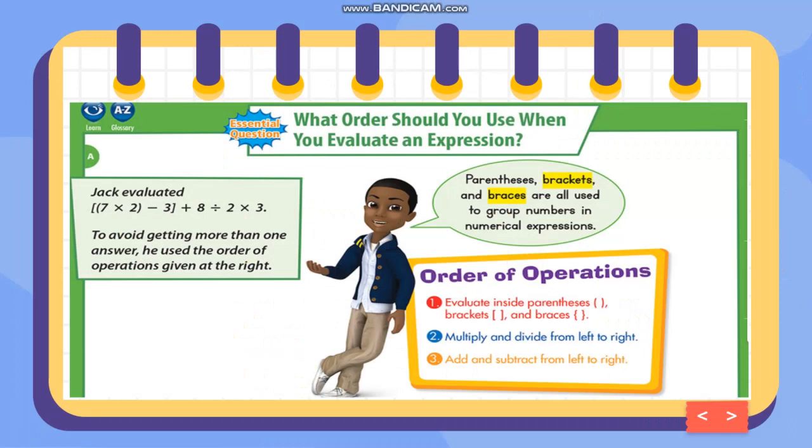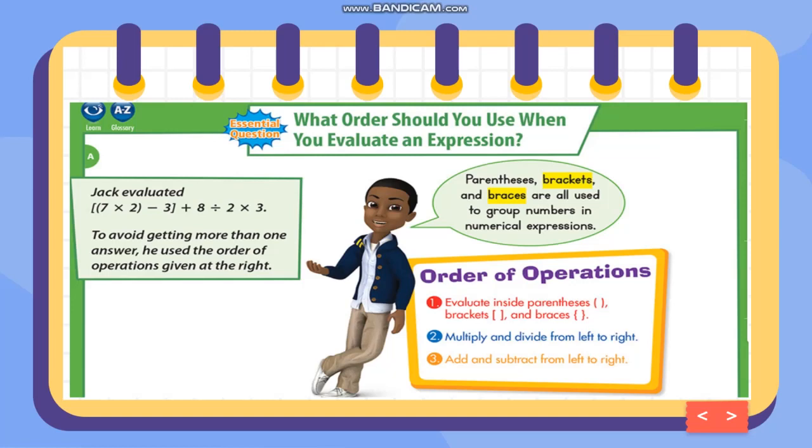Now, what order should you use when you evaluate an expression? Always remember that parentheses, brackets, and braces are all used to group numbers in numerical expressions. The order of operations that we need to follow is to evaluate inside the parentheses first, or brackets and braces.